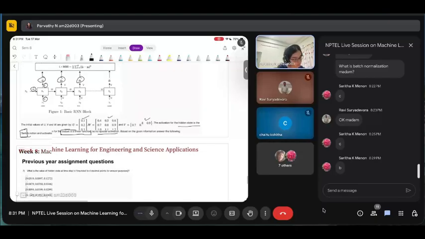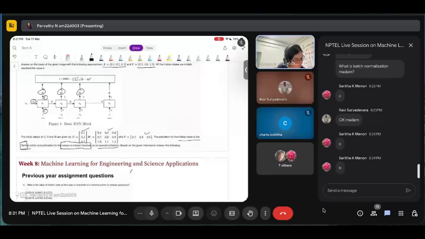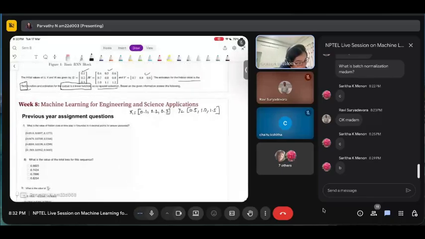So this is the question. x is 0.1, 0.2, 0.3. Y is 0.5, 1, 1.5. The first question is, what is the value of the hidden state at time step t equal to 1?